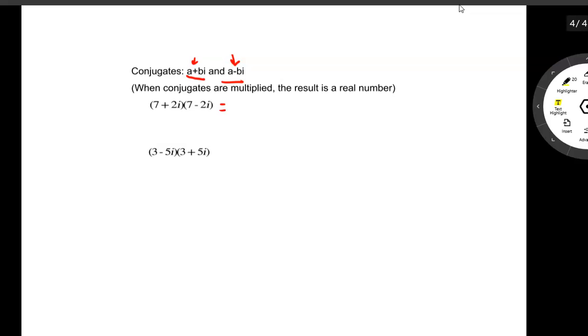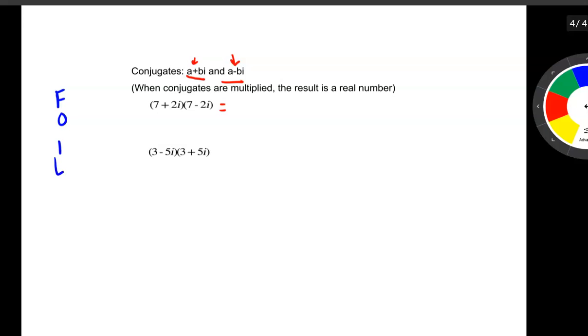The cool thing about them is that whenever you multiply conjugates, like 7 plus 2i and 7 minus 2i, where the only difference is the negative and the positive 2i, you actually get rid of the imaginary number, and I'll show you why. So let's multiply this out.